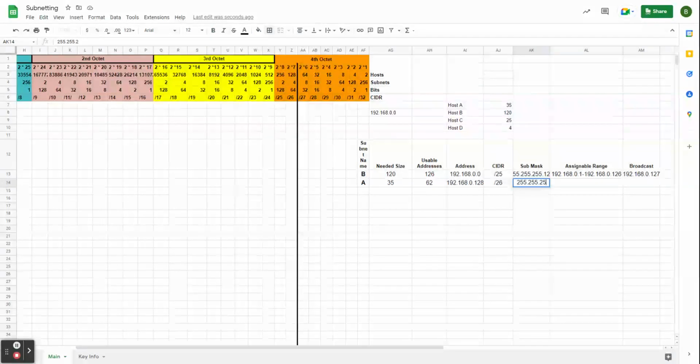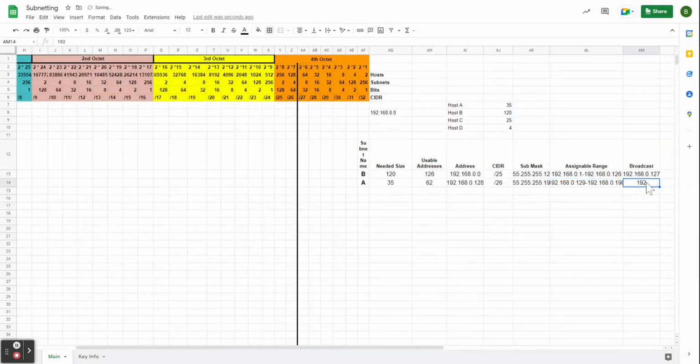So it's 192. Assignable range, so first one for our network address, to 192.168.0.190.